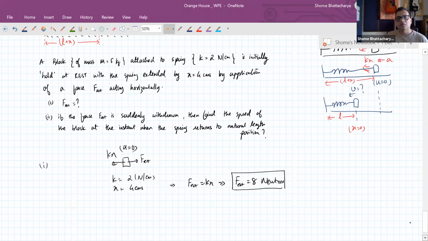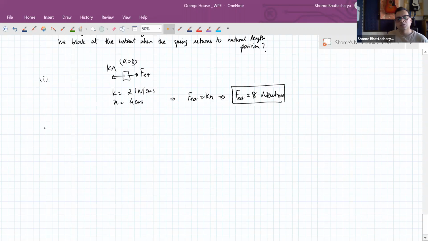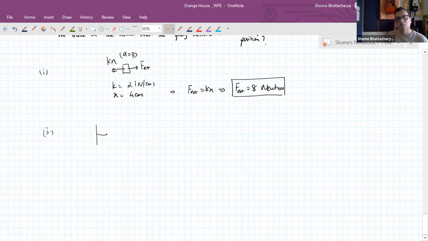Now the second part, once this force is withdrawn, this is the initial state.